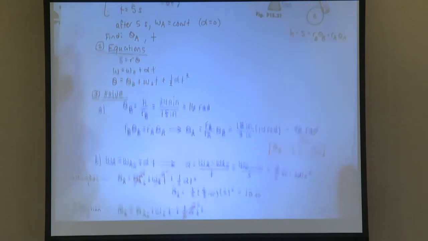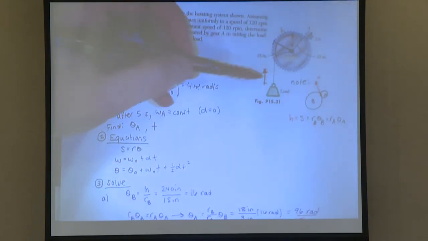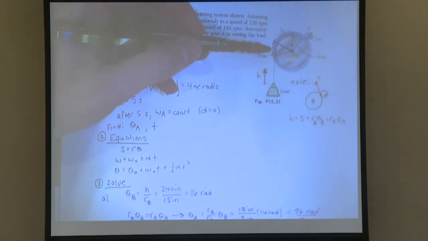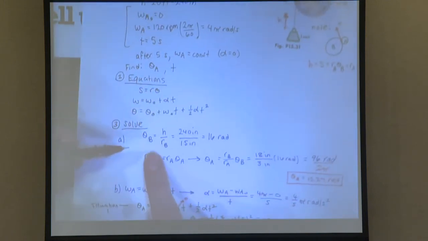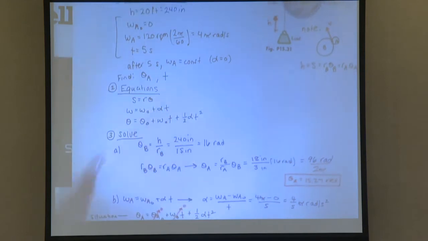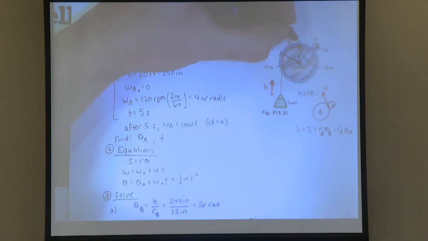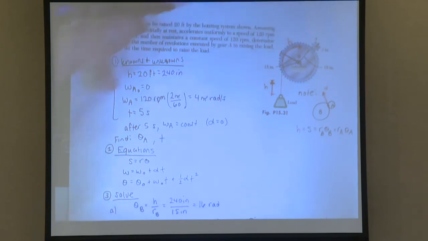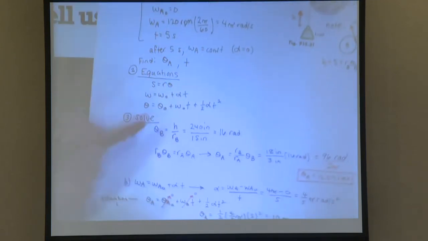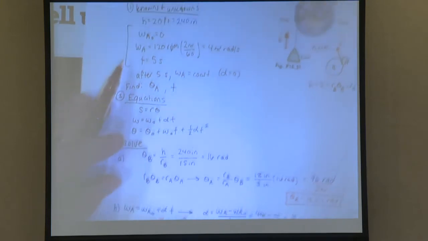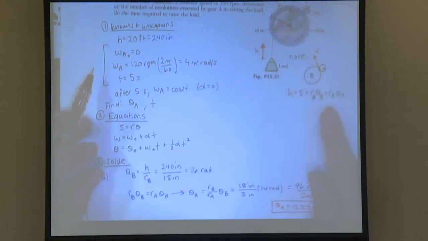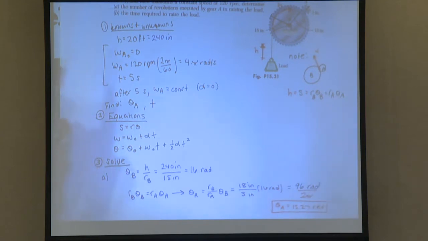So what we did was we saw from the initial problem that the load is in contact with B. So what we found first was theta B, because we said that the height that the load goes up is going to equal the arc length on theta B. So we can find what theta B is, and once we know theta B, we have this relation here, RB theta B equals RA theta A, and we get theta A from that.